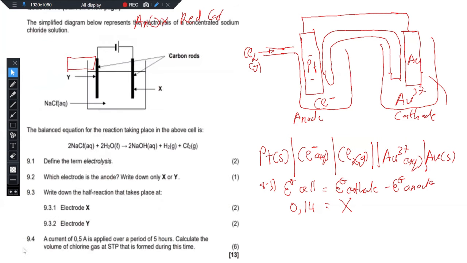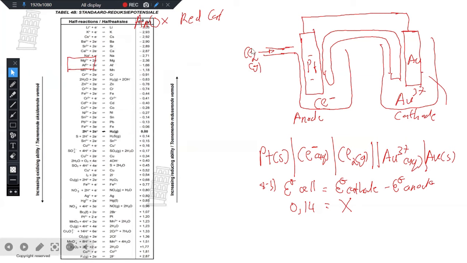So, but then we can find the anode by checking for Cl2 and Cl minus. And then looking at this one down here, we can see, there we go there. So let's highlight that. So there we go. Right, so 1.36.